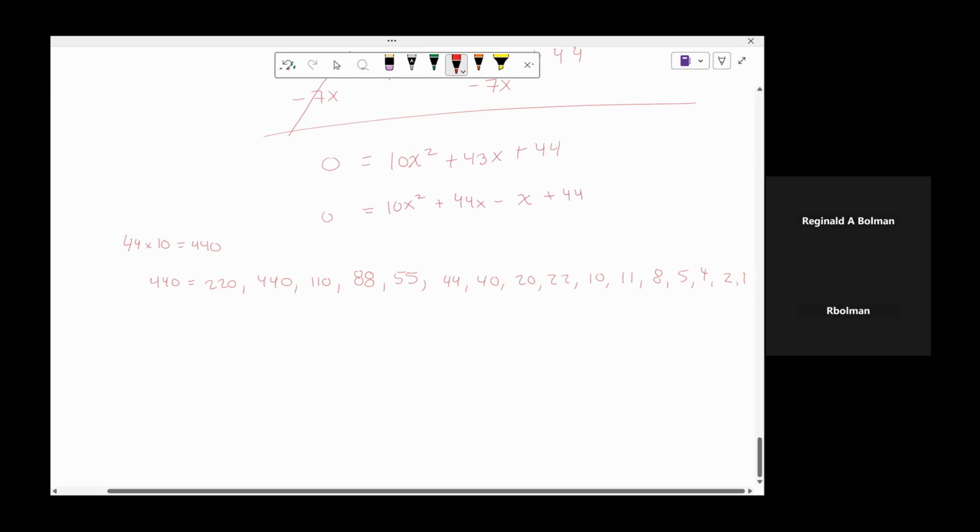And if we switch the order of our terms, we have 10x squared minus x plus 44x plus 44. Then if this is indeed factorable, we should be able to find some common terms. Of course, you would be able to take out, say, your x term here. You'd get 10x minus 1. But unfortunately, if you were to factor out 44, you get x plus 1.